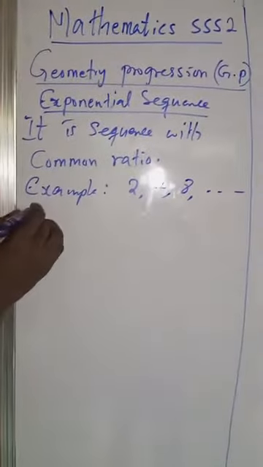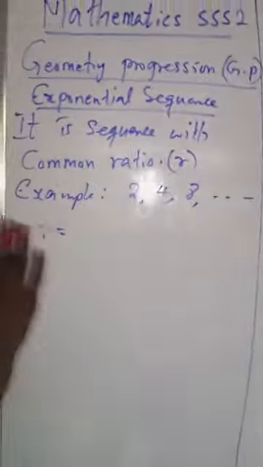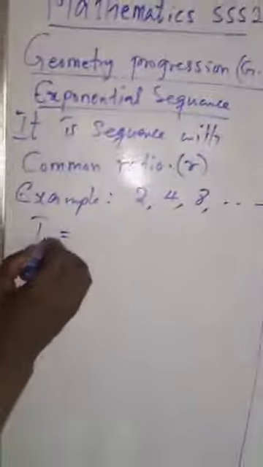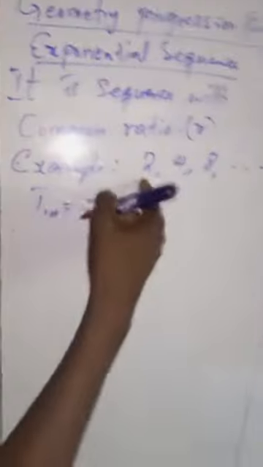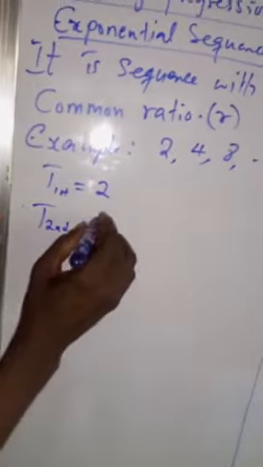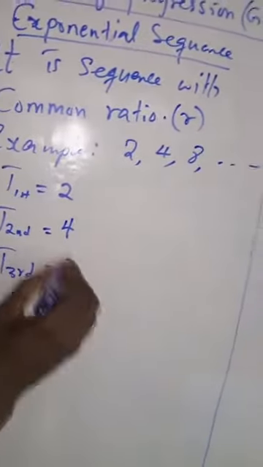The common ratio is denoted with R. To know my R, the common ratio, let me first locate this. The first term there is 2, of course. We have the second term, which is 4, and the third term, which is 8.